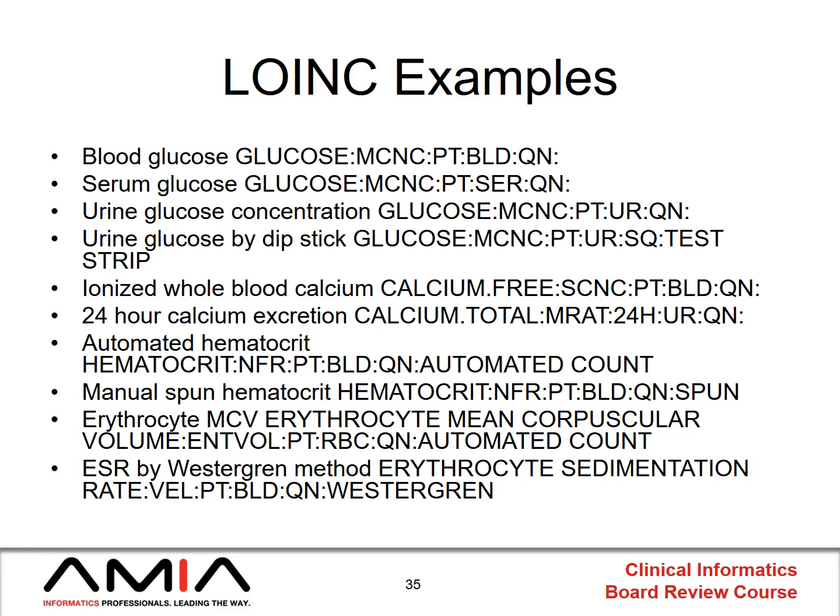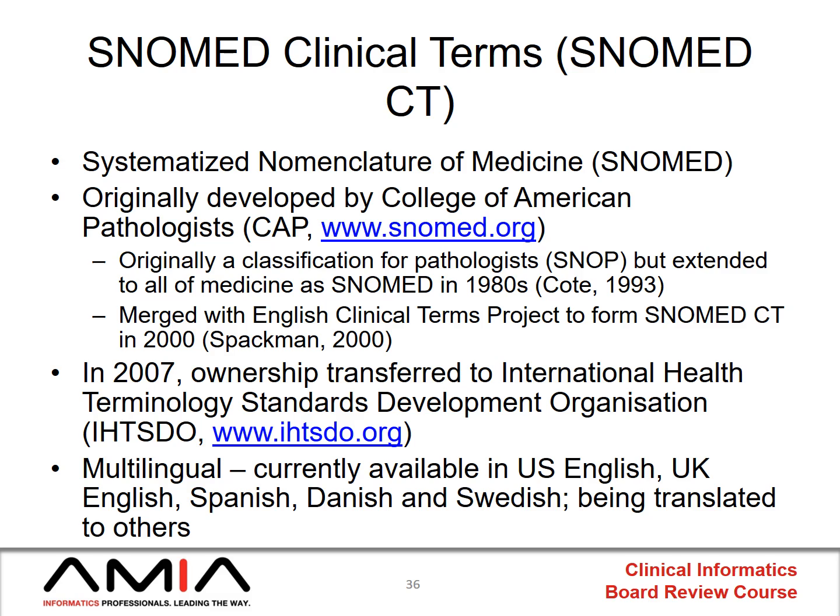This slide shows a number of examples from LOINC, and we see different types of analytes that are measured in different ways. One of the challenges with all of the terminology standards we've discussed so far is that they represent different categories of terms, such as diagnoses and lab tests and procedures.